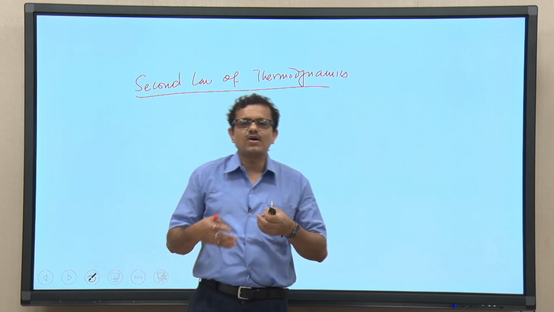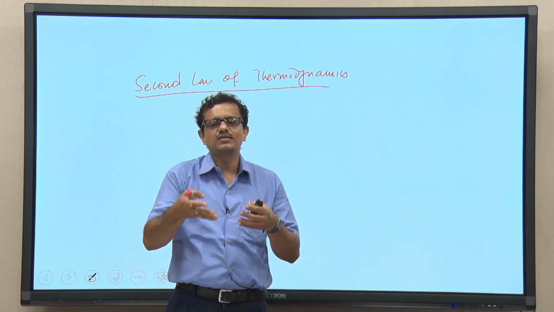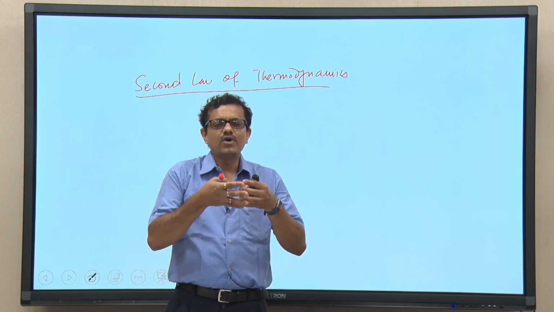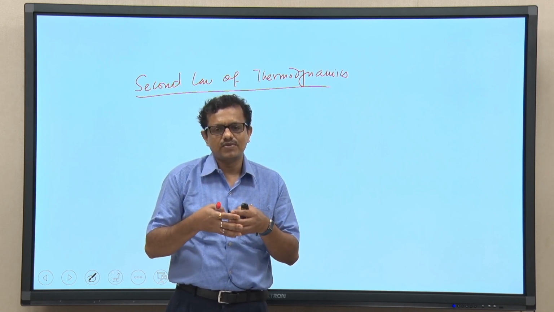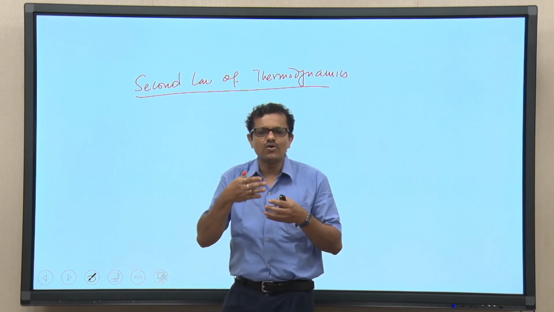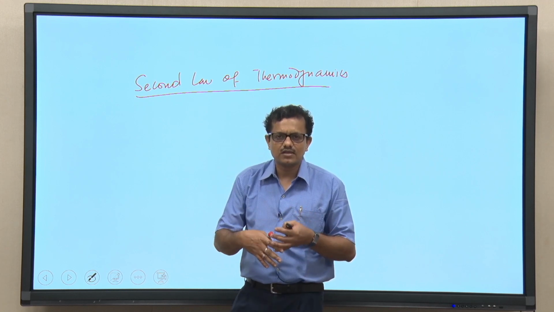So, basically we have talked about that if energy is given by heat to the system, we can take it positive. If work energy is coming out from the system by work, it is taken as positive, but whether the energy heat will flow from the surrounding into the system or vice versa.